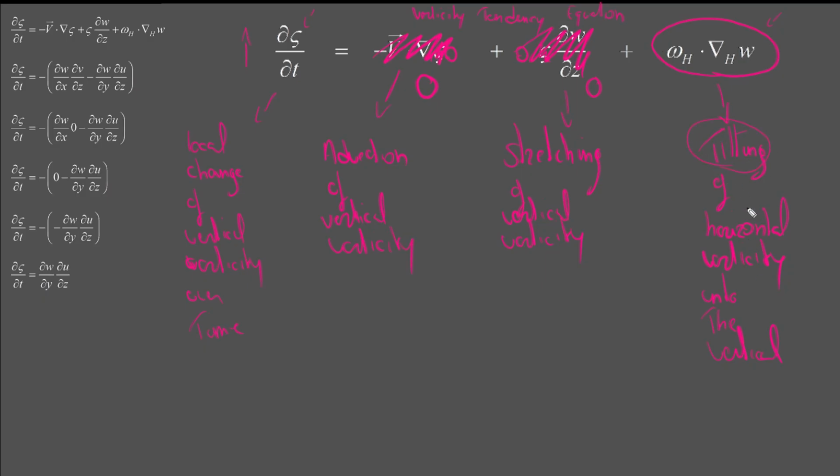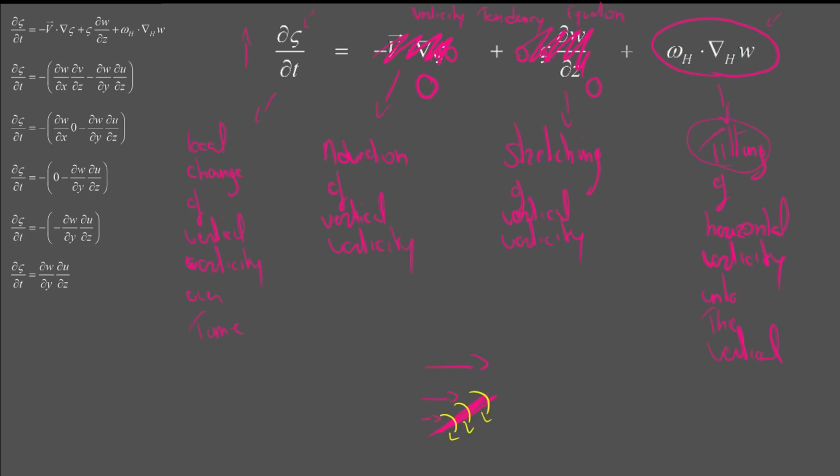Why? It tilts horizontal vorticity into the vertical. We've already, in our previous section of the video, we added a tube, right? And due to the wind speed increasing with height, we've identified that this tube will start to exhibit rotation, right?